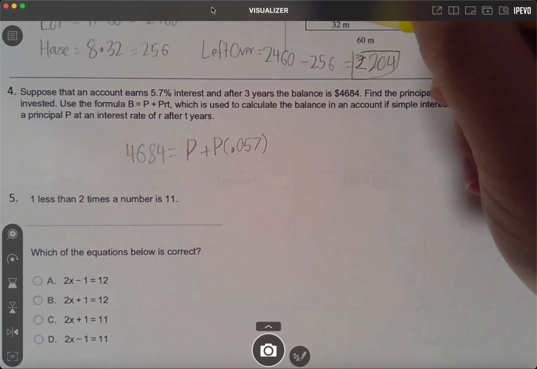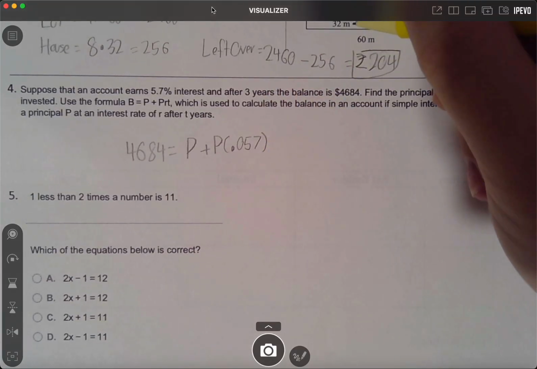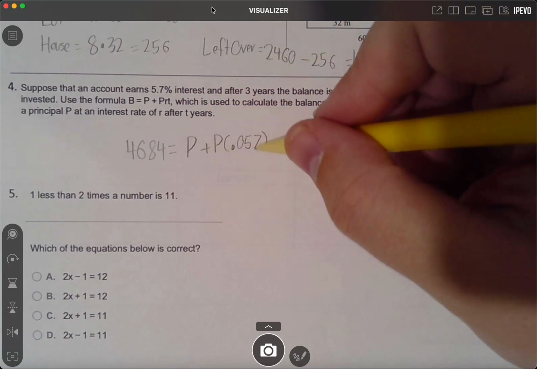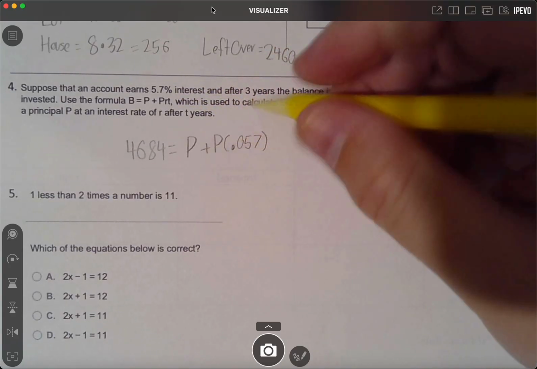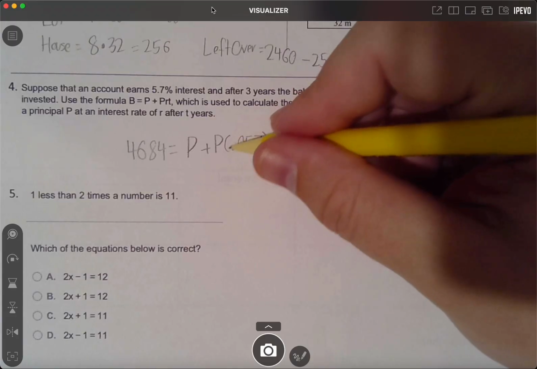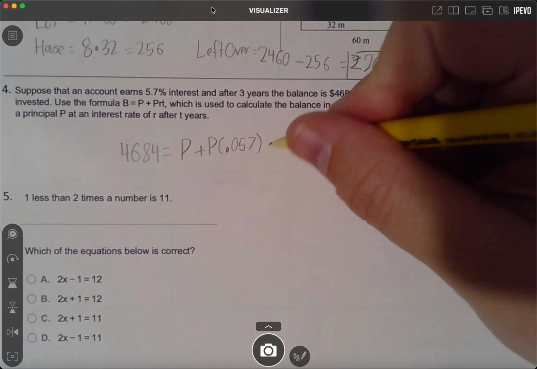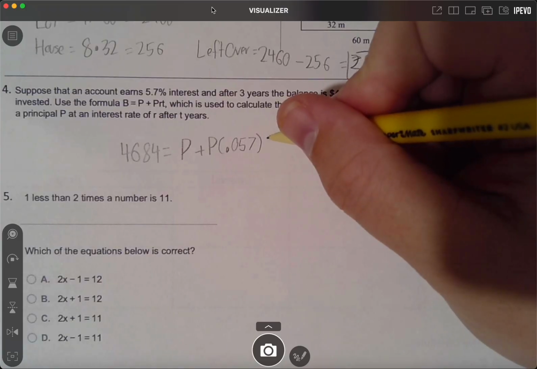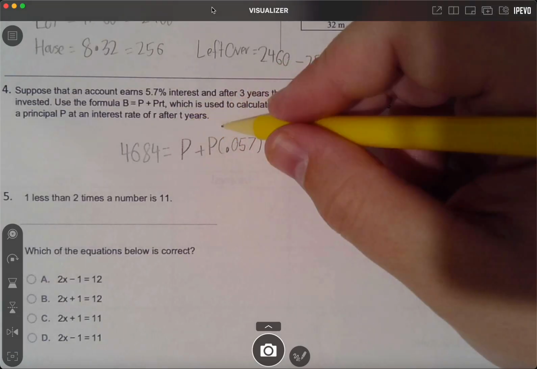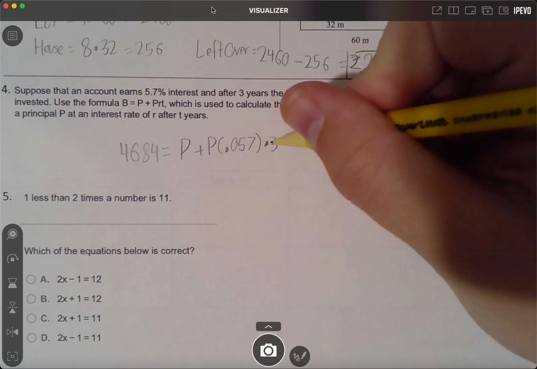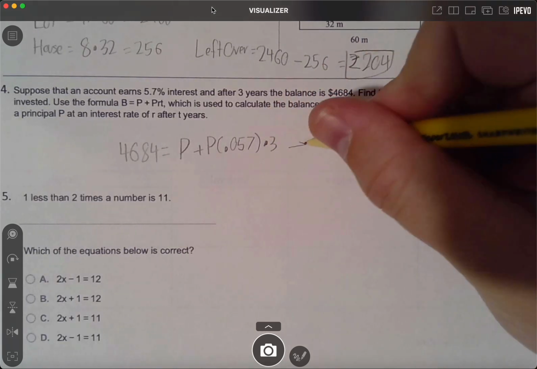We use their decimal equivalent, which is what you get when you move the decimal place over twice. You don't have to write a leading zero. I usually don't, just because I think it's easier to see sometimes, but if you do, that's fine. And then it says after T years, and here we have 3 years, so we'll just have another multiplied by 3 here.